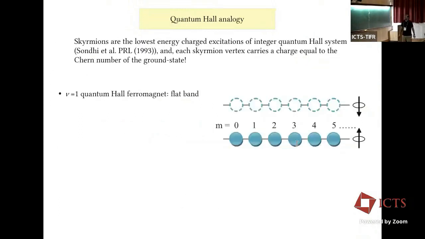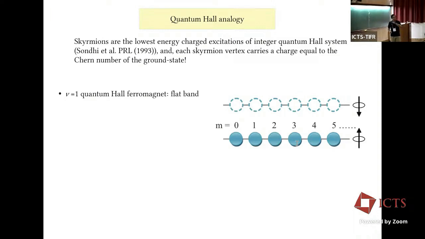All right. Now let's bring up the quantum Hall analogy. Turns out these kinds of skyrmions are the lowest energy excitations of the integer quantum Hall state, and this is predicted, experimentally observed, and so on. So nu equals 1 quantum Hall, as you all know, would be one filled band, but you remember you have 2 spins.